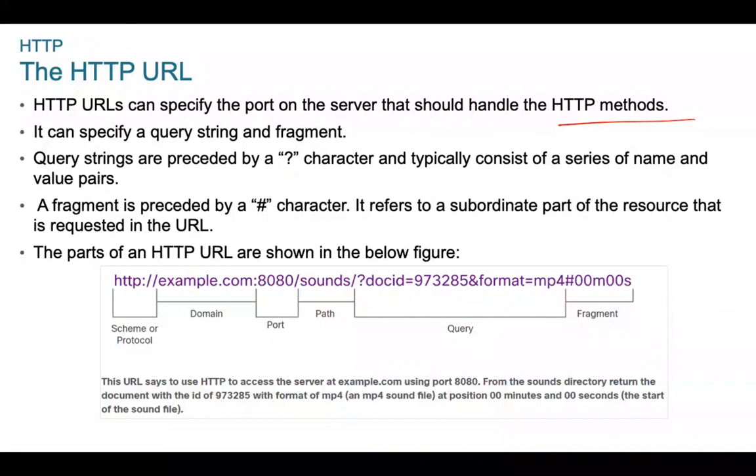In addition, it can specify a query string and fragment. The query string typically contains information that is not handled by the HTTP server process itself, but is instead handled by another process that is running on the web server.